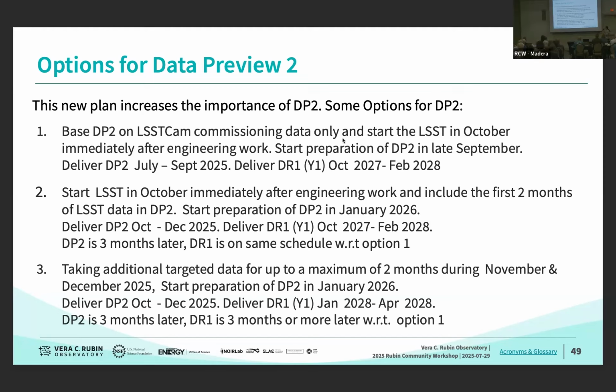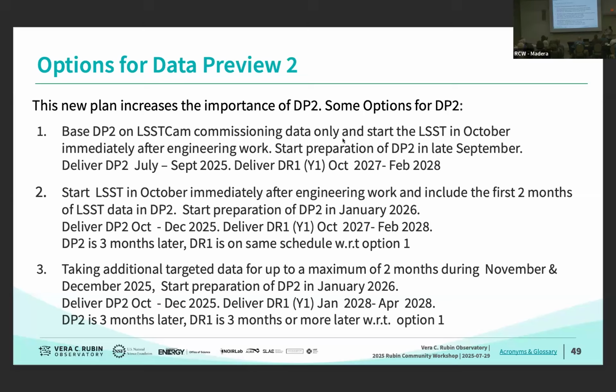And the third one that has also been discussed is that we take additional targeted observations around certain fields specific to enabling the maximum of science with DP2 to supplement the SV data. We do this for a maximum of 2 months during the November and December periods late this year in 2025. This means again that DP2 preparation doesn't start until January 2026.